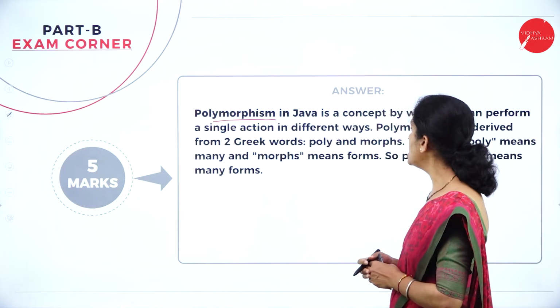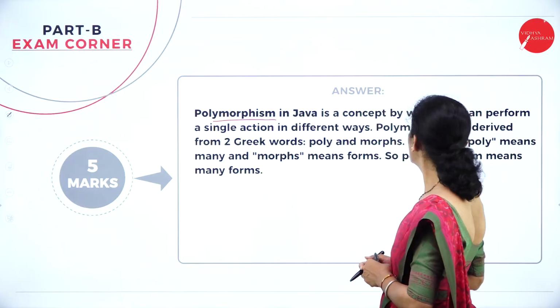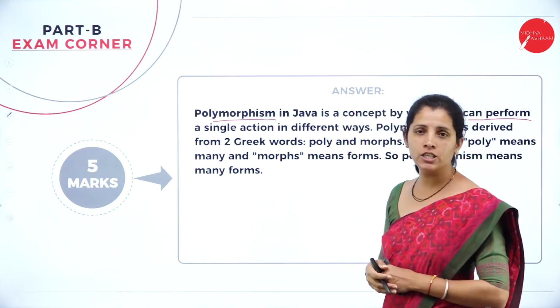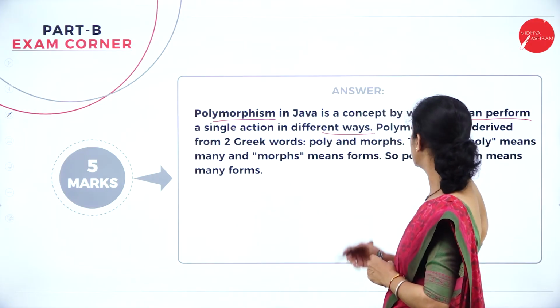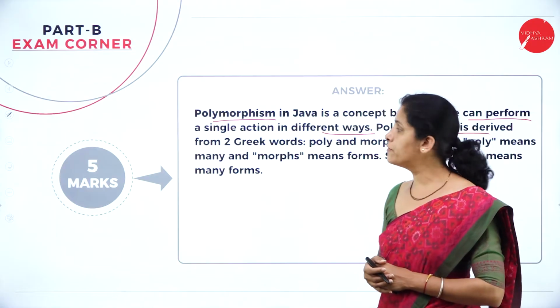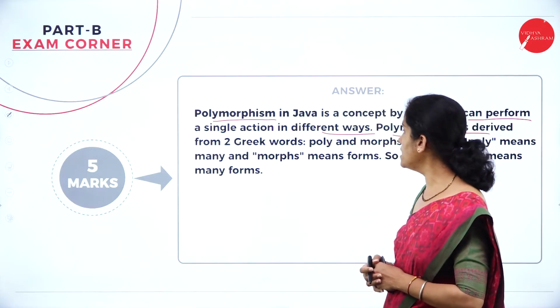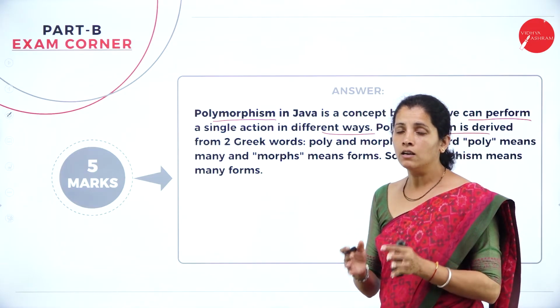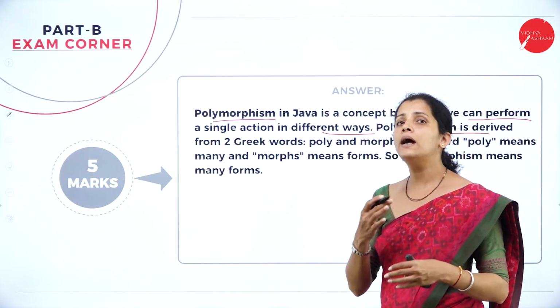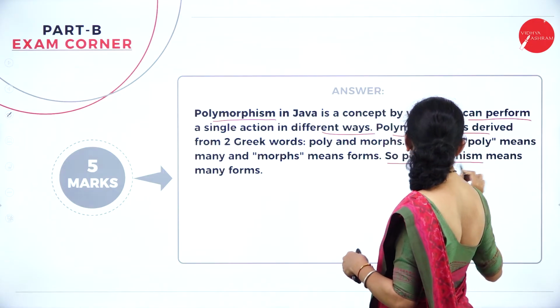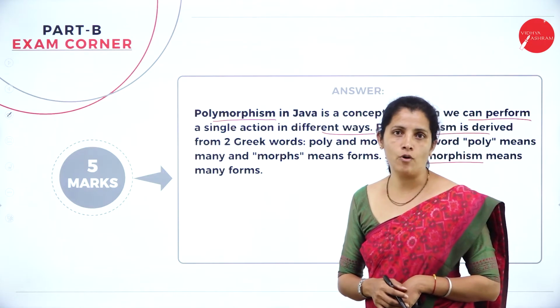Polymorphism in Java is a concept by which we can perform a single action in different ways. Polymorphism is a word derived from the Greek words poly and morphism. So, a single method can have multiple forms. Polymorphism means many forms.